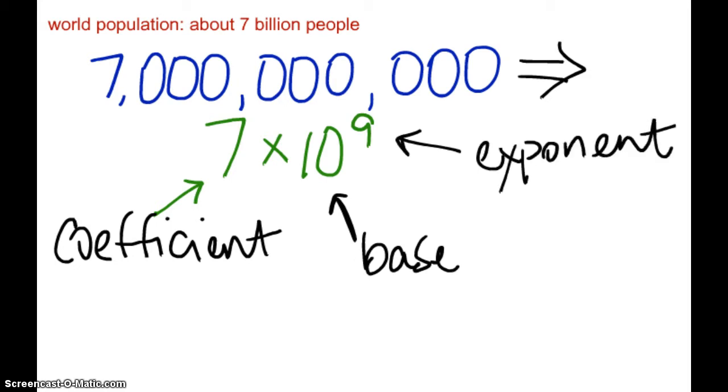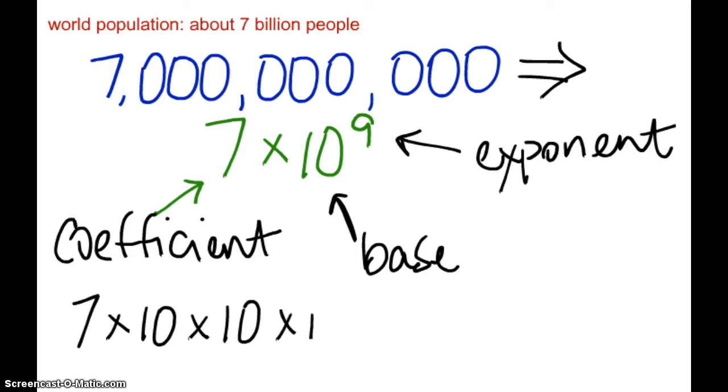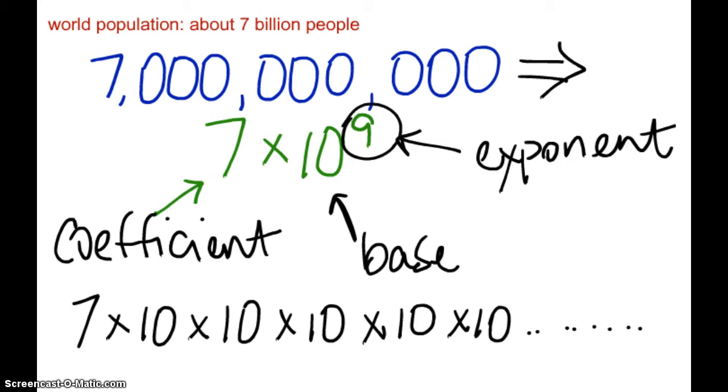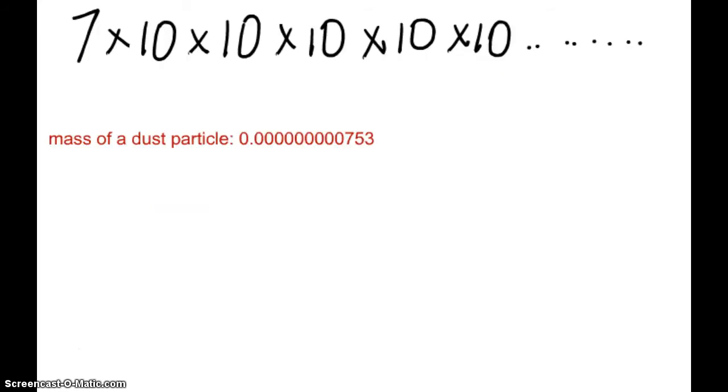So 7 billion can be written as 7 times 10 to the 9th power. And what that means is 7 times 10 times 10 times 10, all the way until we've multiplied by 10, 9 times. Okay, so that is one way to write a really large number.